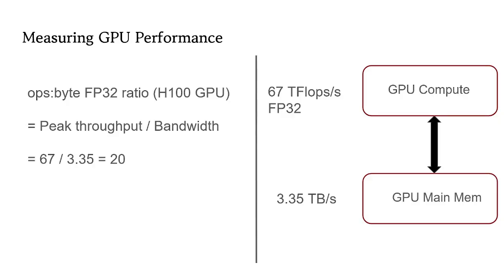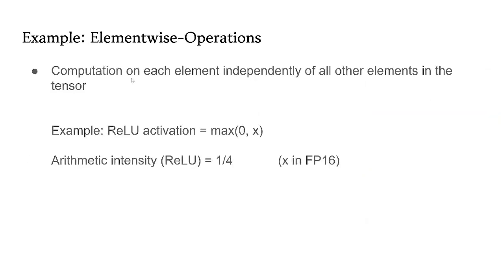So we can see where the kinds of operations which you do in a neural network fall into certain categories, where they lie on the spectrum of arithmetic intensity, and whether they are memory bound or compute bound. Let's start with element-wise operations. They act on each element of a tensor individually. An example of this would be ReLU activation.